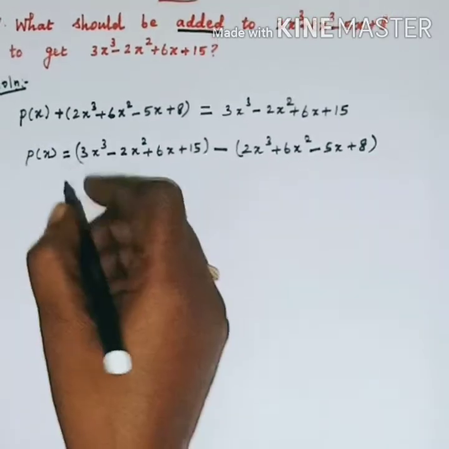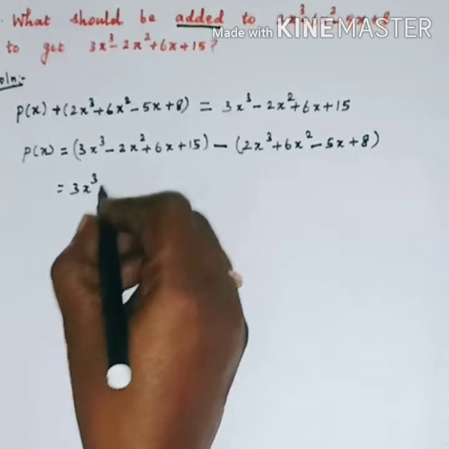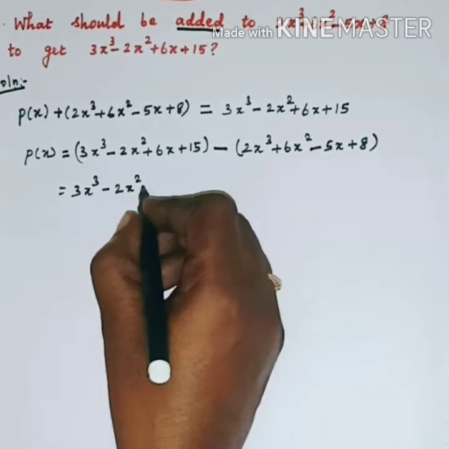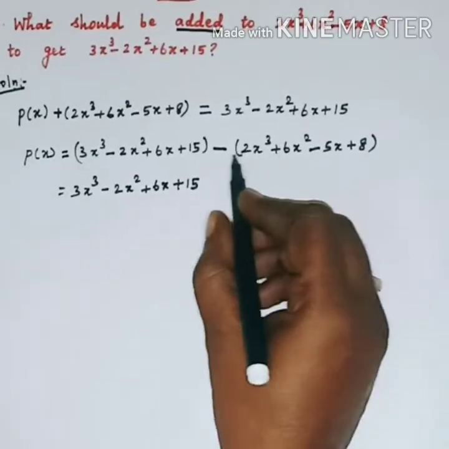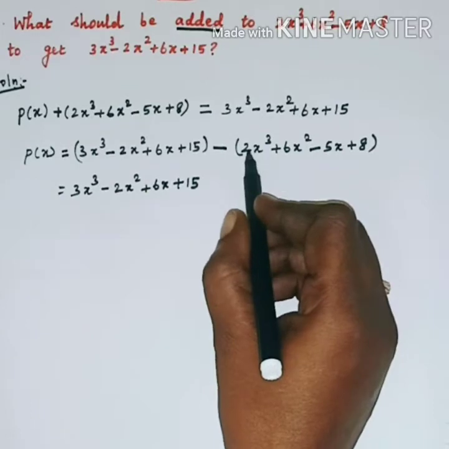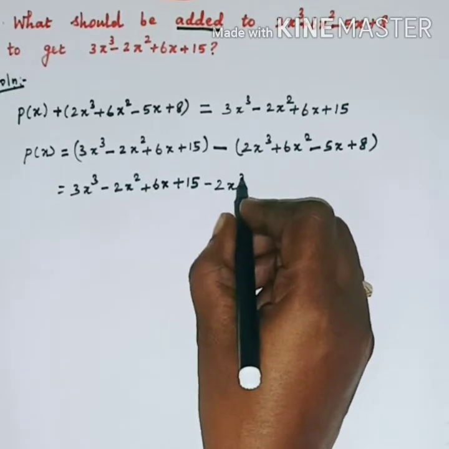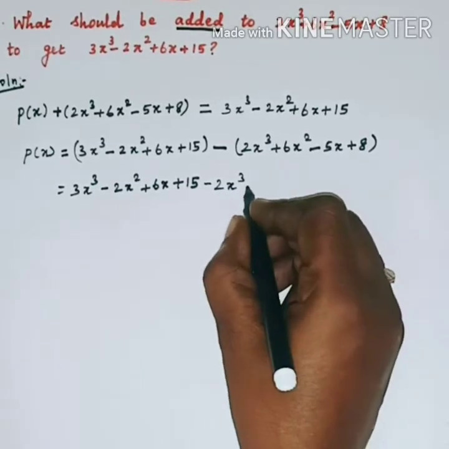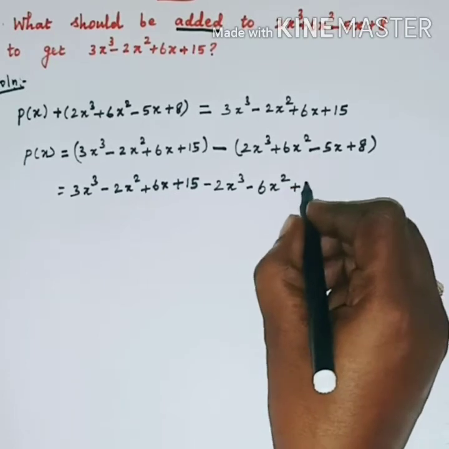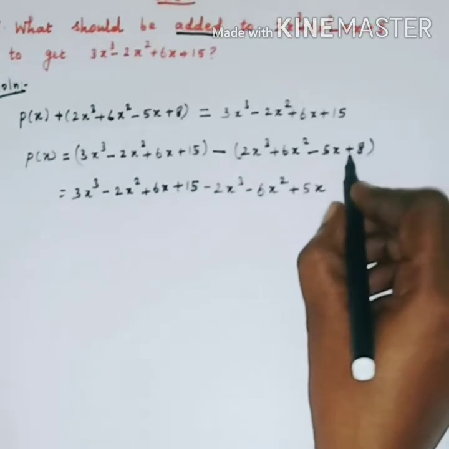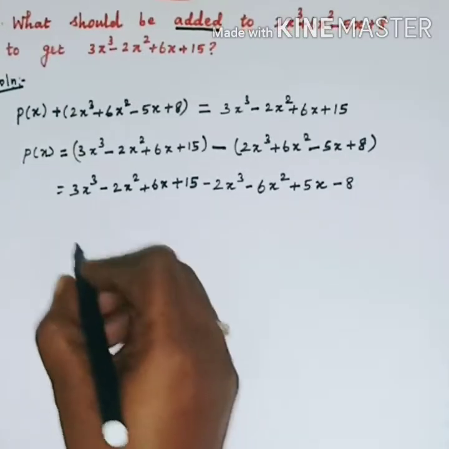So, write the first polynomial as it is, 3x cube minus 2x square plus 6x plus 15. Now, we have to change the signs of the second expression. Here we have plus 2x cube, so put minus 2x cube. We have plus 6x square, so put minus 6x square. We have minus 5x here, so put plus 5x. And at last the constant term is plus 8, so change it to minus 8.